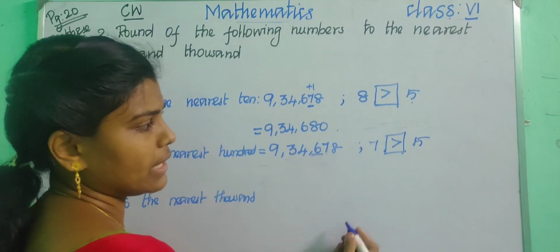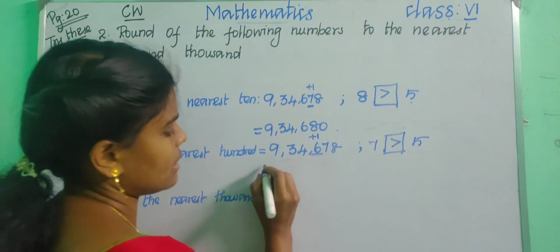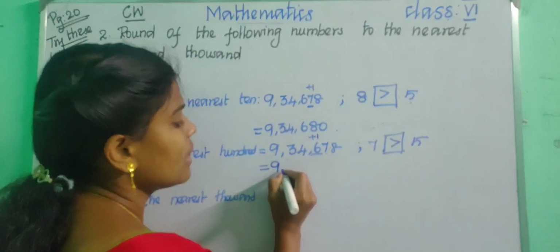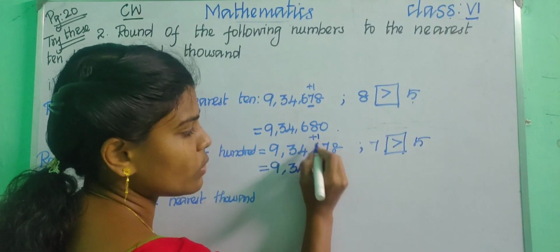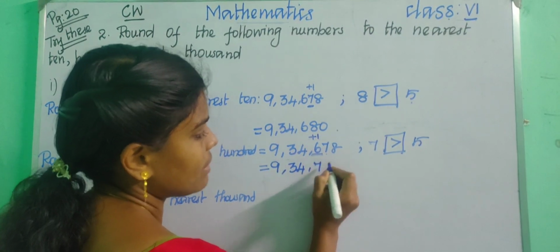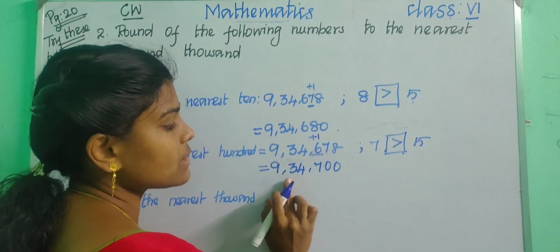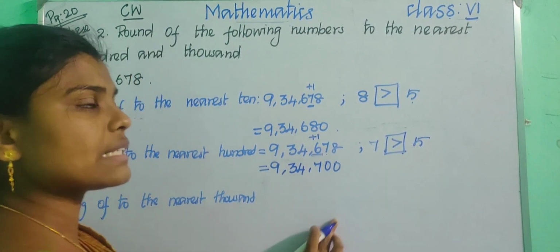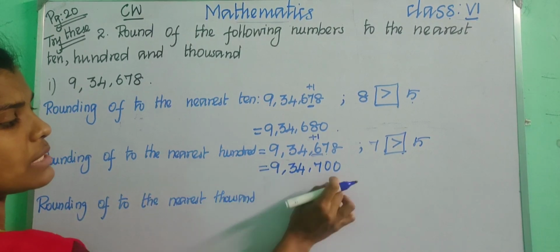Greater than 5, right? So we add plus 1 in the hundreds place. The answer we are getting is 9,34,700, since 6 plus 1 is 7, that is 700. So if you are rounding off to the nearest 100, we get this as the answer.